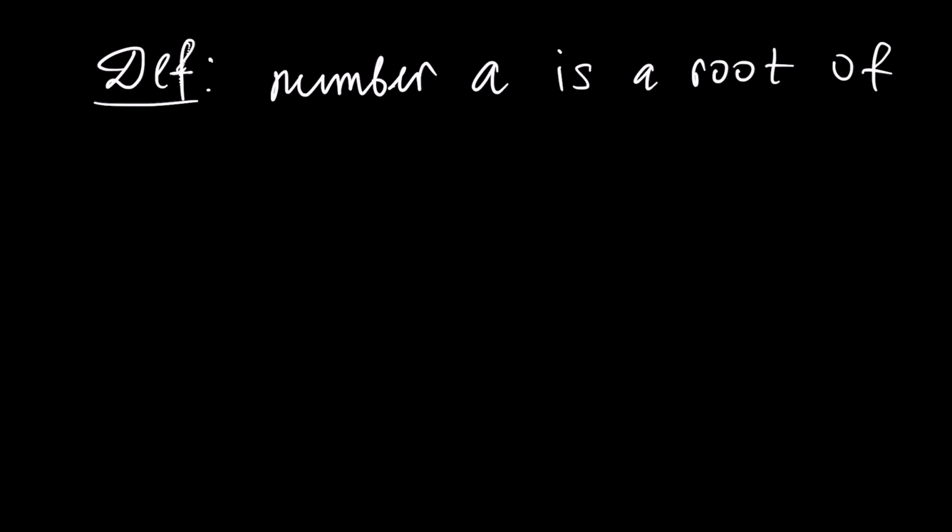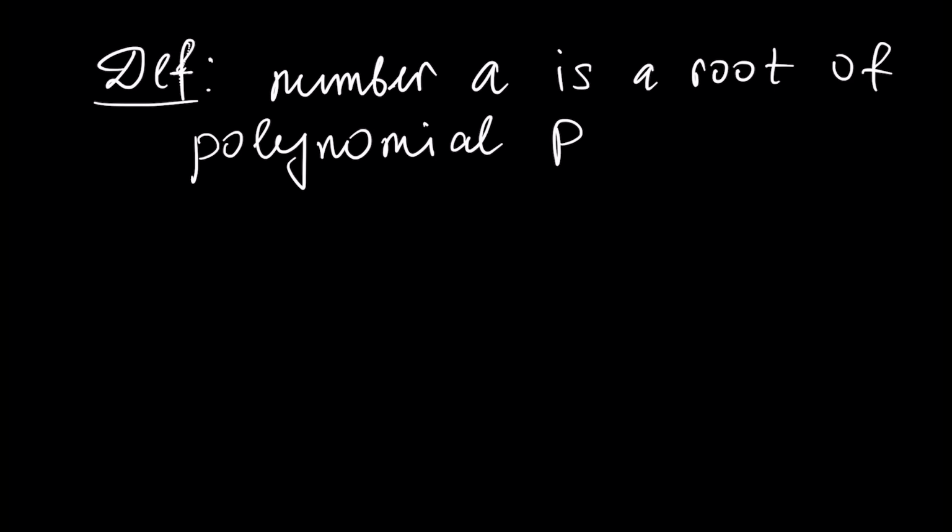Number a is a root of polynomial p of x, or we can equivalently say that this is a root of the equation p of x is equal to 0.